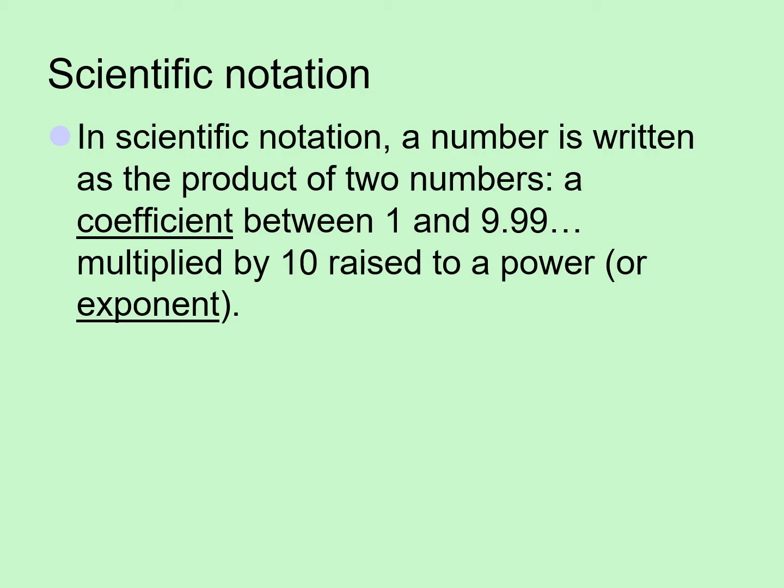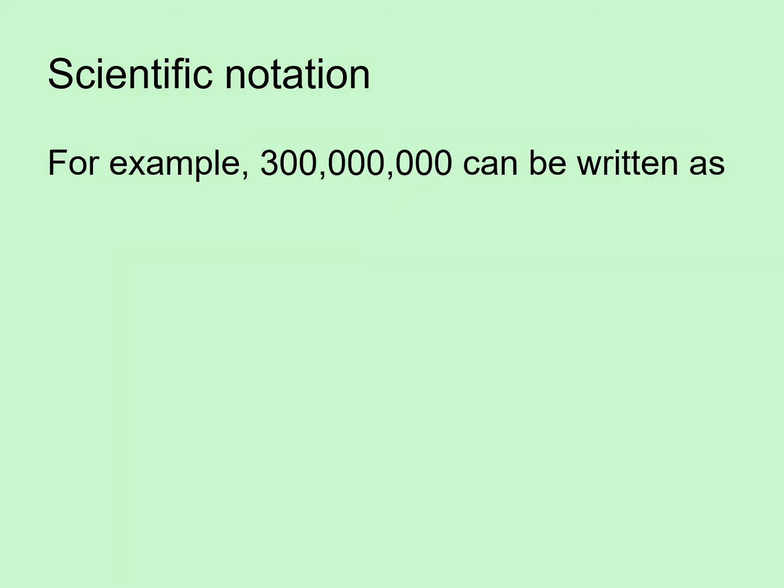So as I just said, in scientific notation, a number is written as the product of two numbers. A coefficient, which is between 1 and just under 10, and then this coefficient is being multiplied by 10 raised to a power or exponent that you decide on based on how many places the original number's decimal point has to move.